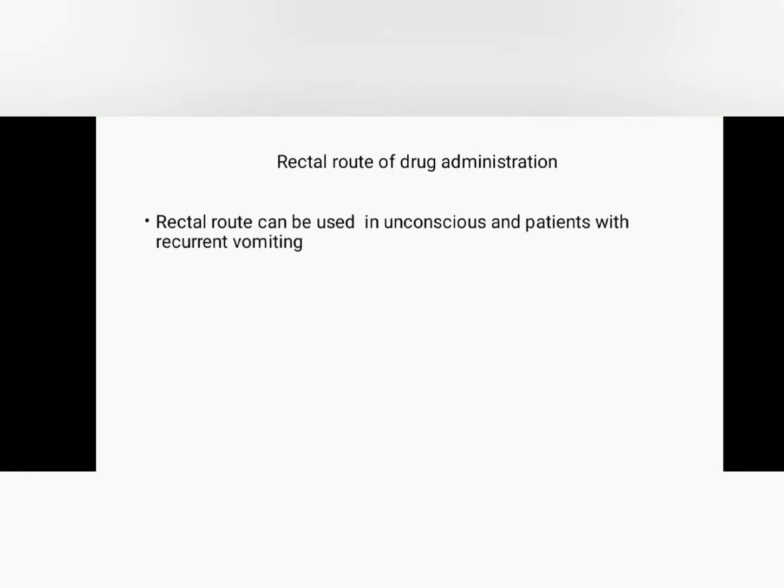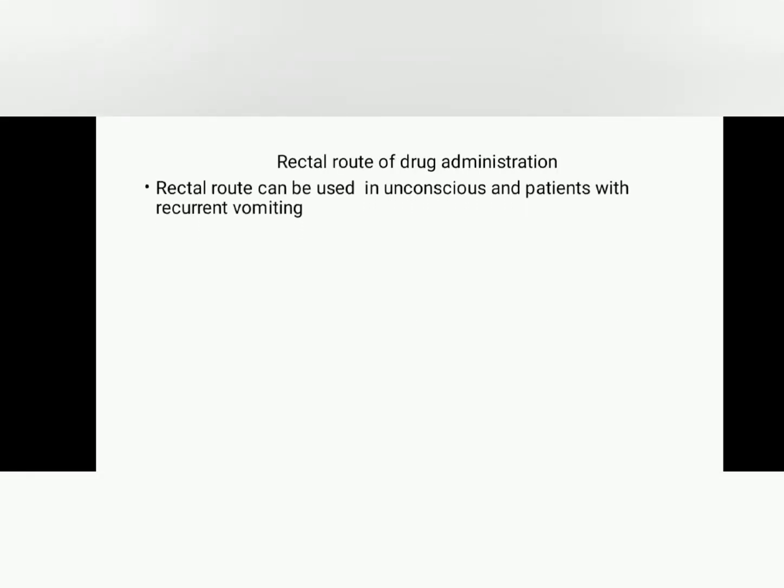Rectal route of drug administration. The rectal route can be used in unconscious patients and patients with recurrent vomiting. Disadvantages: absorption is unpredictable. It means that when the drug is placed in the rectum, it may be absorbed in the external hemorrhoidal vein or the internal hemorrhoidal vein. When it is absorbed in the external hemorrhoidal vein, it bypasses the liver, so it bypasses first pass metabolism.